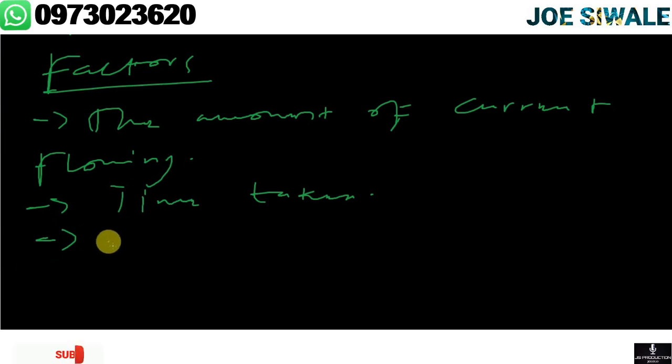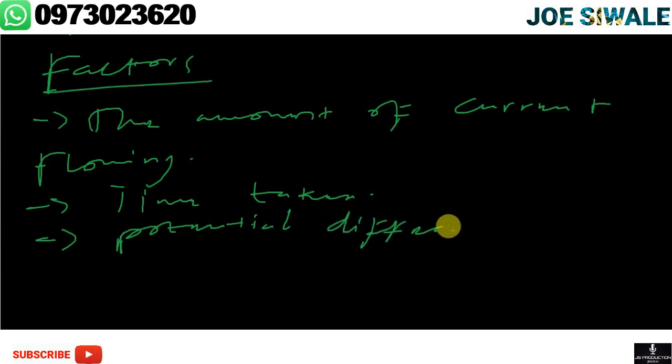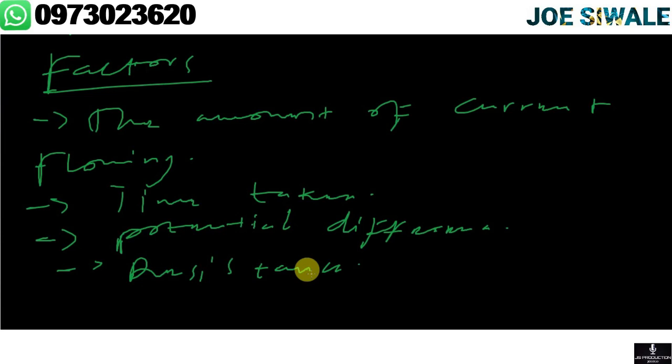Another factor is potential difference, and the other factor is the resistance of the conductor. So these are the factors that affect electrical energy. Where you have questions, you can ask in the group.